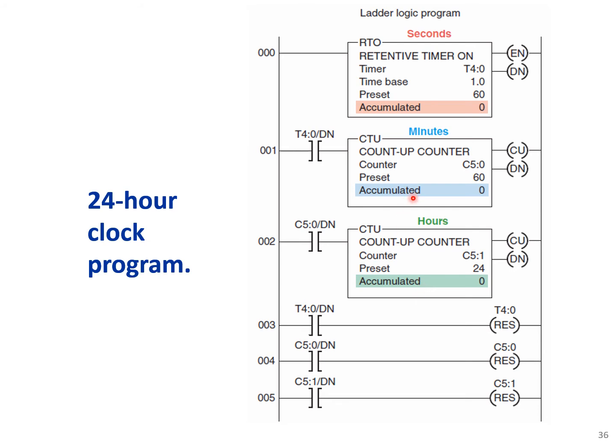So if we look at the accumulated value of the hours up counter, the minutes up counter and the seconds retentive timer, we could say what the time is. How many hours have passed?